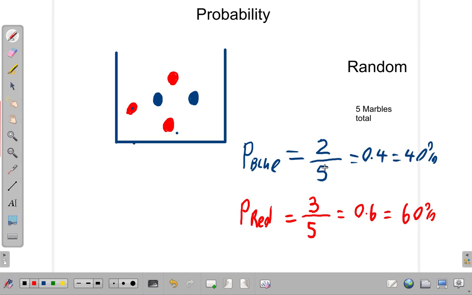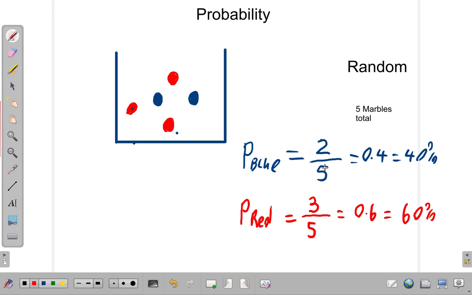But if you have no control over which marble you pick, you shake up the box, you cover your eyes or don't look in the box and just feel and pick. All the marbles are the same size, same shape, so you don't know which is which. When you open your eyes and look, you see whether it is a blue marble or a red marble.